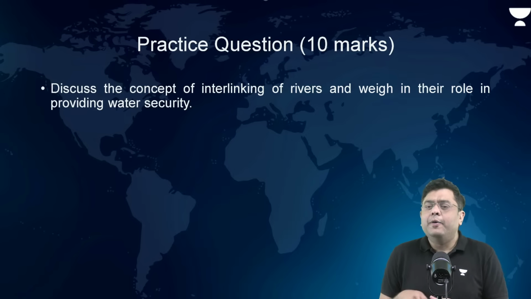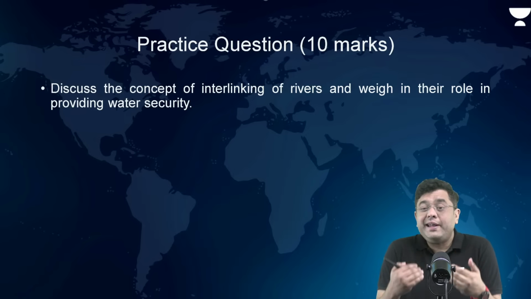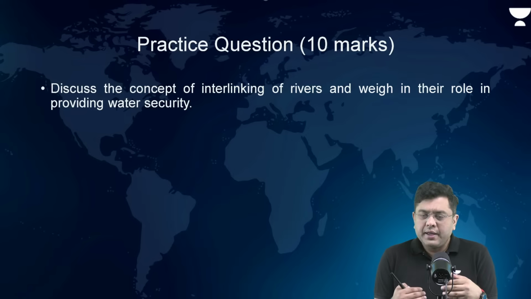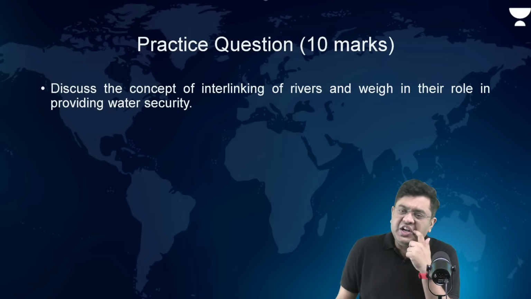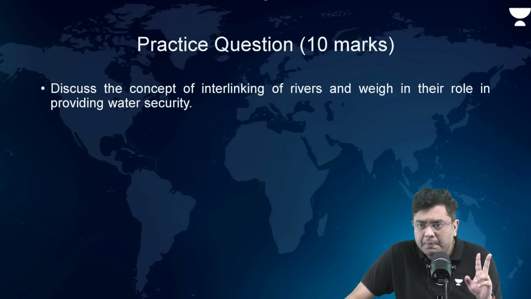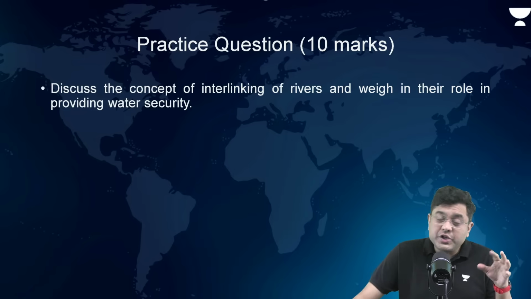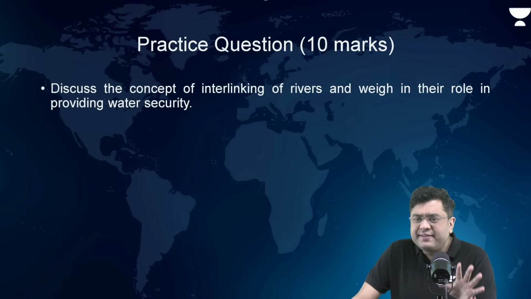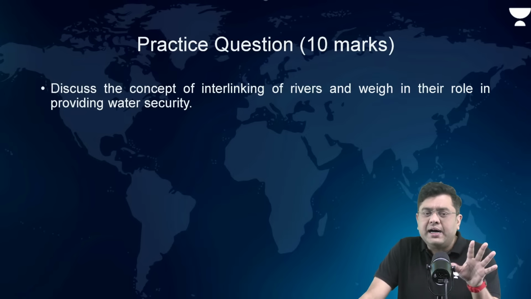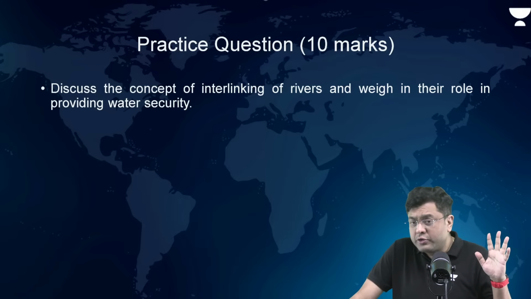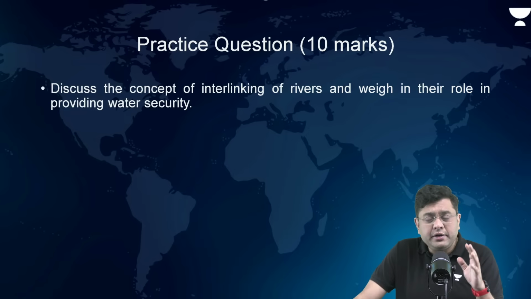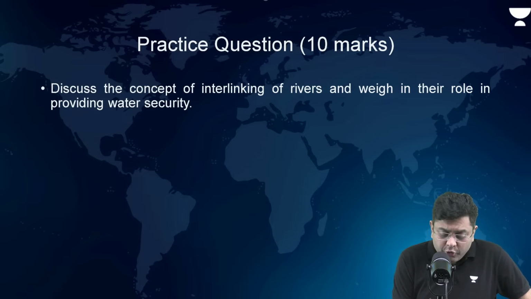Okay, now when you have to talk about interlinking of rivers, you have to necessarily indicate both the sides of the argument. Now, here, the question in itself is very direct. And this kind of mains question has been asked since the time of late 2000s. It has been asked in interview also, in mains also. So, what do you write in your intro?